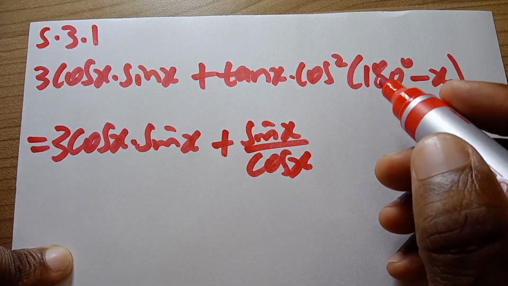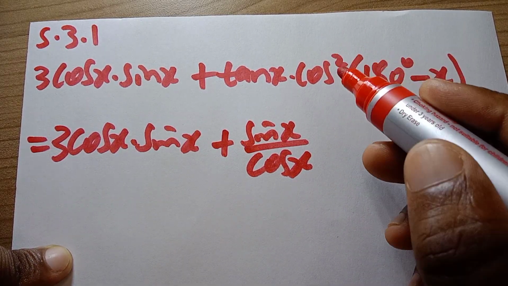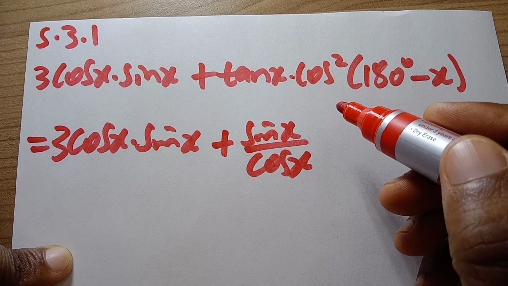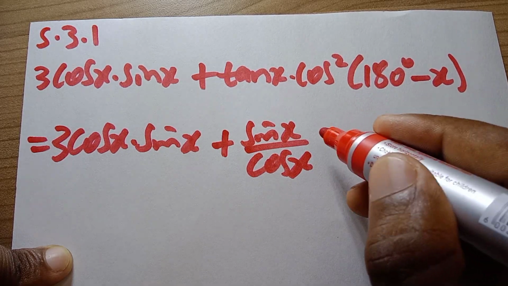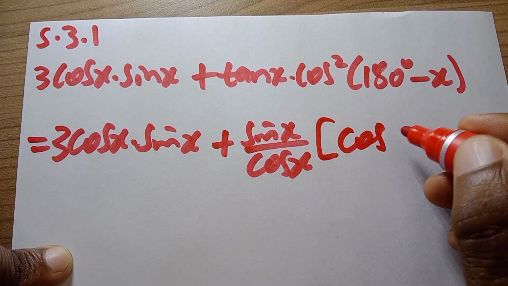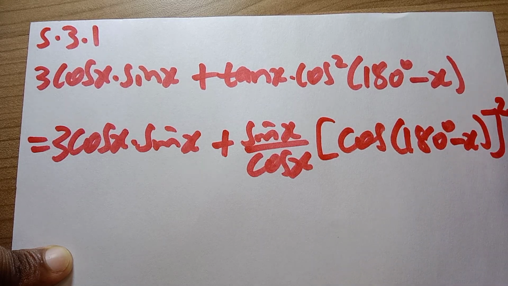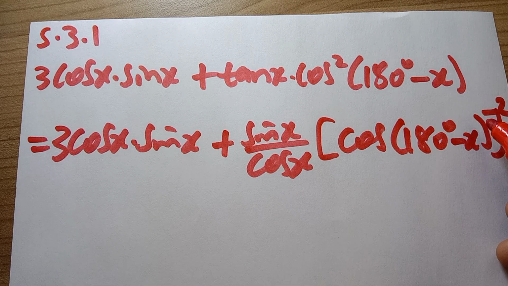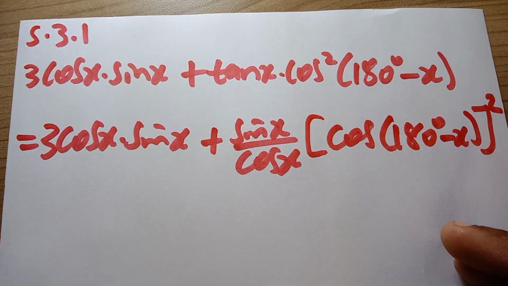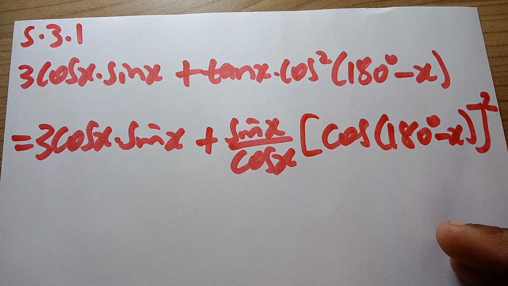Then here we are having the squared there. We don't know much about the squared, so we express it like that. We are going to have 180 subtracting the x, everything to the square there. Then we are having it like that.